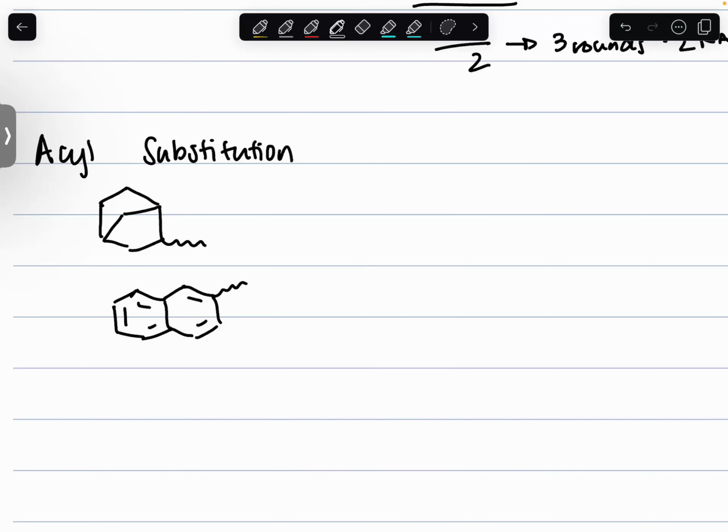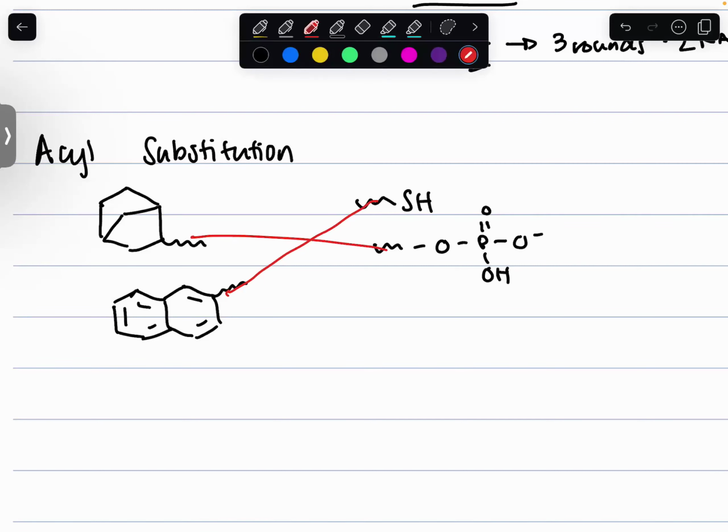So you had these two substituents, and then you had your SH and your phosphate. You could have connected these this way and this way, or this way and this way.